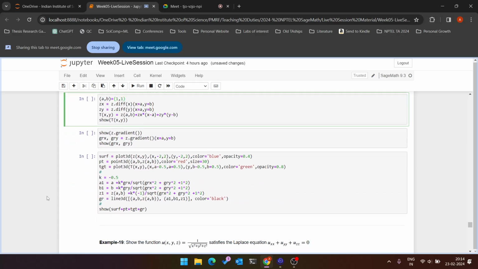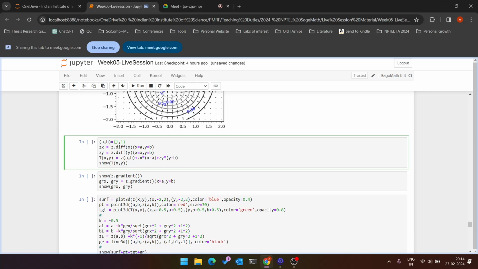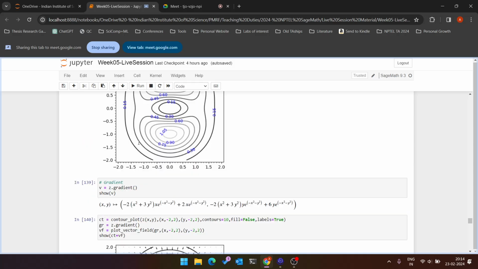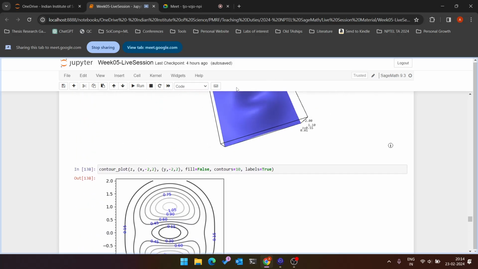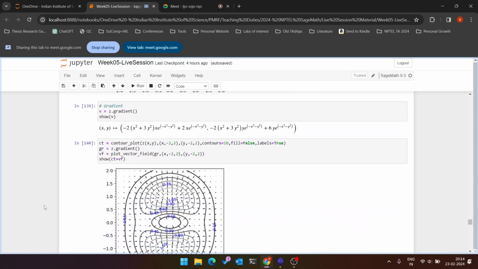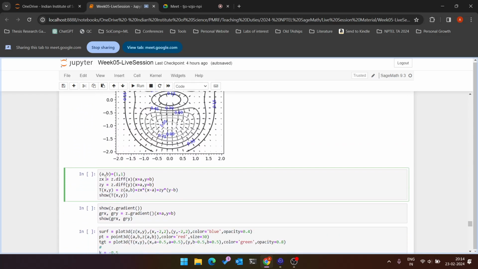Another thing that I wanted to show: suppose we choose a point, say 1 comma 1, and we want to plot the tangent surface to this f of x, y plot. To do that, we calculate the first derivative of the function, which is z with respect to x at the given point a comma b, and the first derivative of the function with respect to y again at the given point.